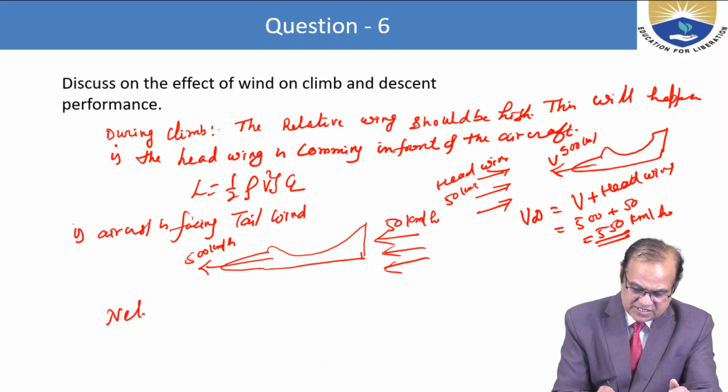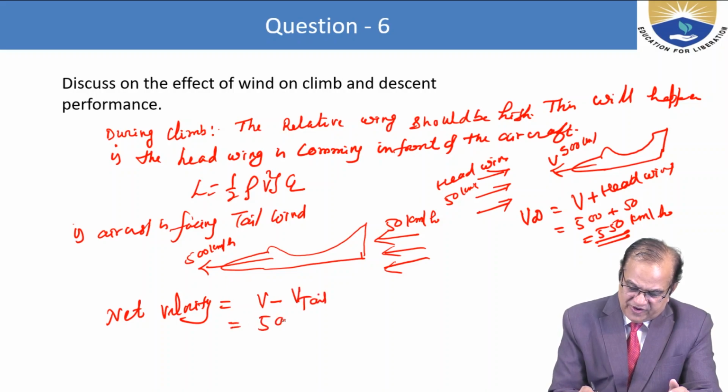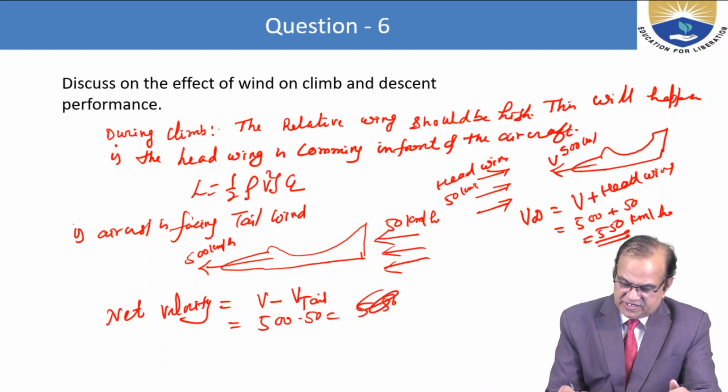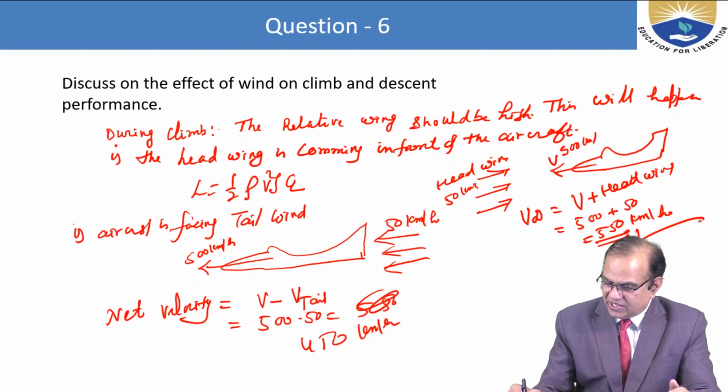So net velocity is equal to V minus V tail. So 500 minus 50, it is 450 kilometers per hour, and here you have the 550 and here 450.